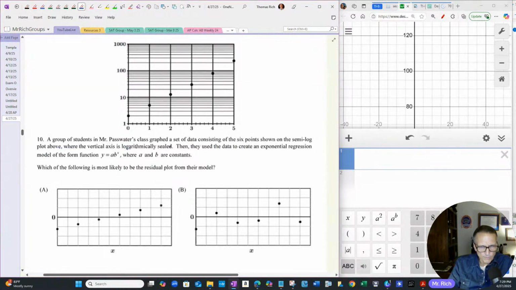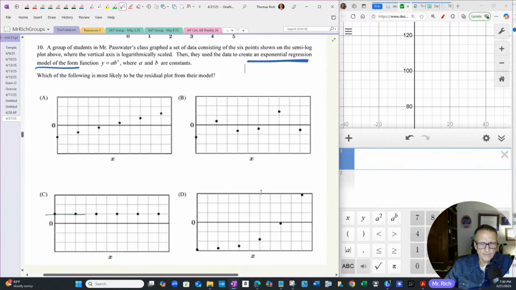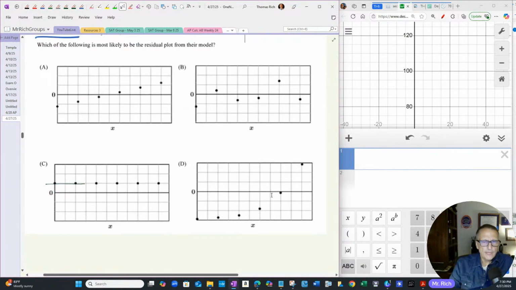Vertical axis is logarithmically scaled. Then they used the data to create an exponential regression model. Okay, if they used the data to create an exponential regression and it was linear, then it was the appropriate model. So I am looking for the most random, no pattern residual plot, and that's going to be plot B.